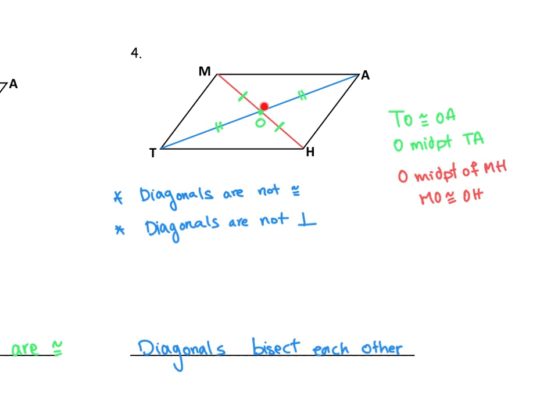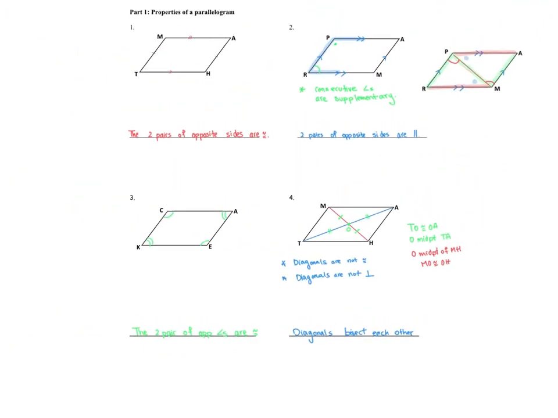So angle O over here is not 90 degrees. So diagonals are not perpendicular in a parallelogram, they are not congruent in a parallelogram, but they bisect each other. It means they cut each other in half. So these are the 4 properties of a parallelogram.